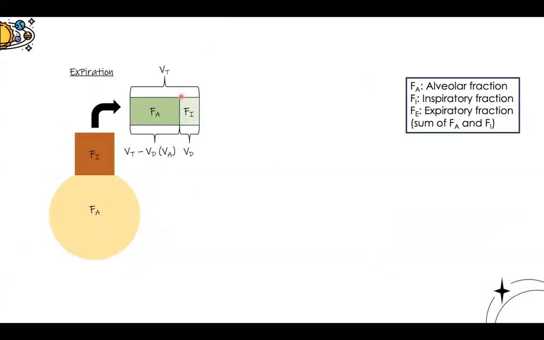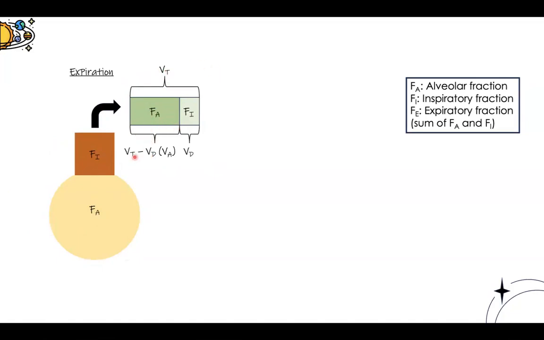Now we expire, so there's expiration taking place, and you get rid of 500 ml again. In that 500 ml, you have the alveolar fraction and then the inspiratory fraction. Why do I say inspiratory fraction? Because this is literally the same as what you inspired, because there's no gas exchange here, so it's essentially the same gas that you inspired initially. The sum of the inspiratory fraction and alveolar fraction is your tidal volume, the one that you inspired in the beginning, right?